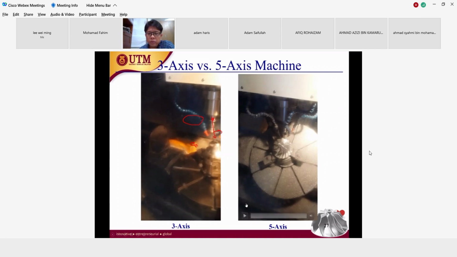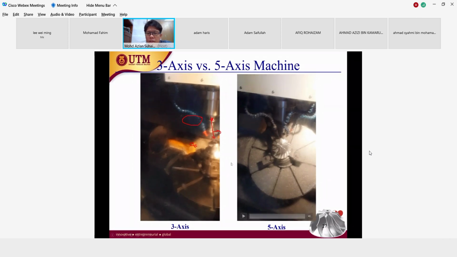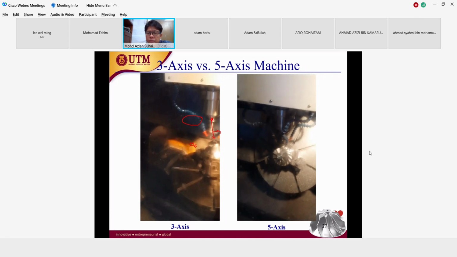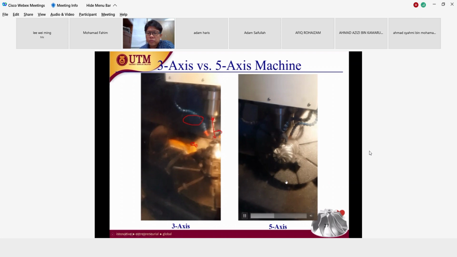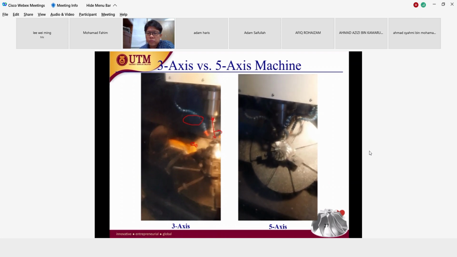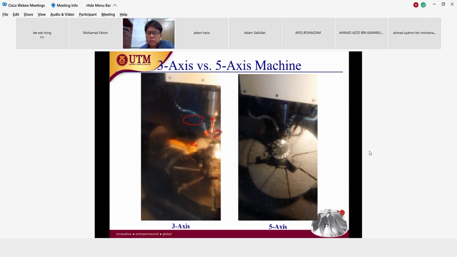There will also be 5 axes, where you add another 2 axes. The machine table will rotate and tilt, for example like this. For this movement you need to use CAM.